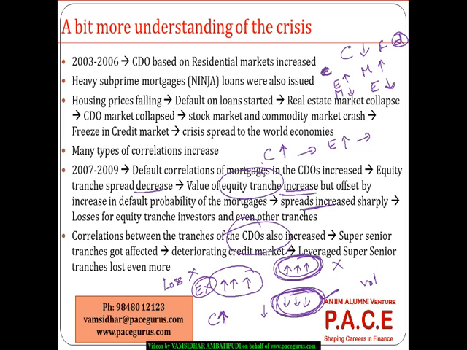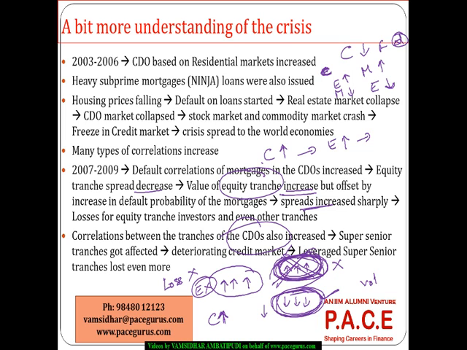The super senior tranches got affected, because now the correlations have gone up. There is some chance that all of them can default. So if all of them are defaulting, some loss is going even to the senior tranche. So the overall credit market deteriorated, and even the super senior tranches lost very heavily.